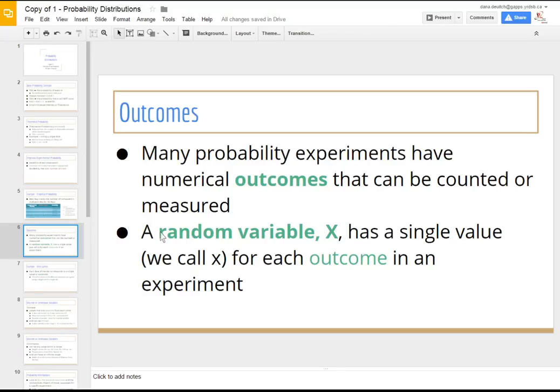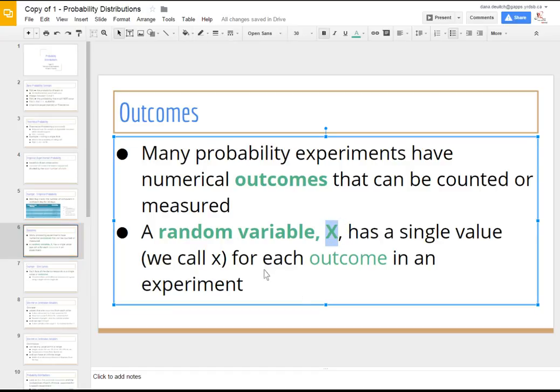We are also going to be working with something called a random variable. We represent the random variable with a capital X. Each value for this random variable we refer to as a lowercase x. So the capital X represents all possibilities of the variable. The lowercase x represents a single specific possibility for that variable.